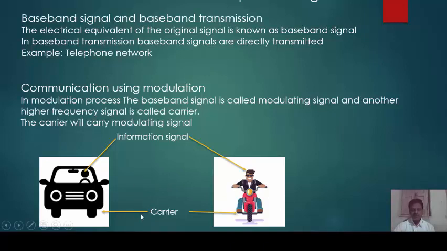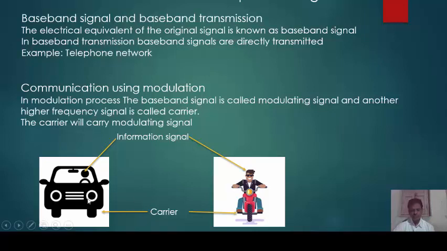So here the carrier is the car or the motorcycle, and the information is nothing but the man or human who sits in the car or on the motorcycle. So this is the information. The person is the information signal, and the vehicle is the carrier.